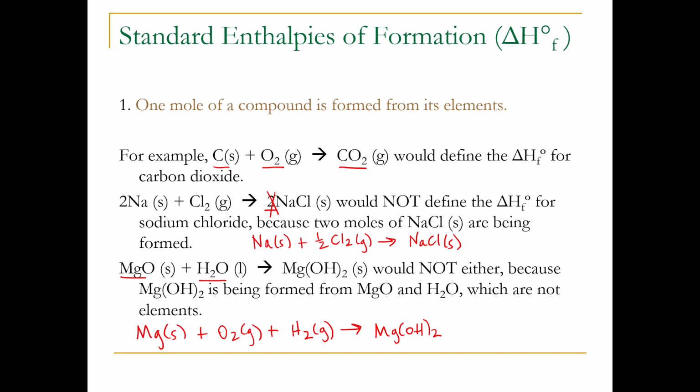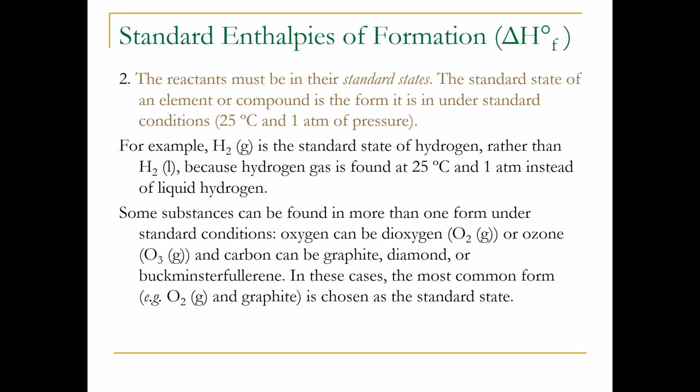Rule number 2, standard state. Everything must be in their standard state, meaning what state are they in at 1 atmosphere of pressure and 25 degrees Celsius? Are they solids? Are they liquids? Are they gases? Alright, if you look on the periodic table, there's only 2 liquids at those standard conditions, bromine and mercury.